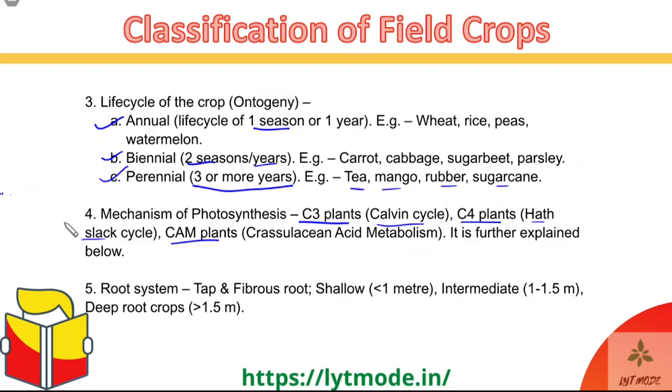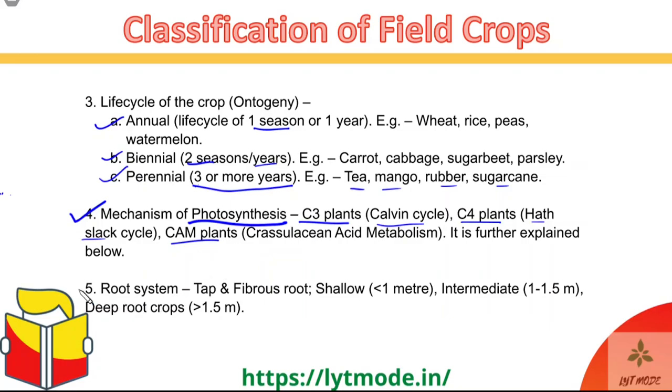It's better that you don't leave this out of the syllabus, but if you're really short on time, then you can leave it out, because there's a 90% chance that this question will not be asked in the exam. But still, if you want, I provided you an entire detail of C3, C4 and CAM. You can study it over there. It's very simple. So this is on the basis of the mechanisms of photosynthesis, how the plants are utilizing the sunlight to complete their photosynthesis cycle.